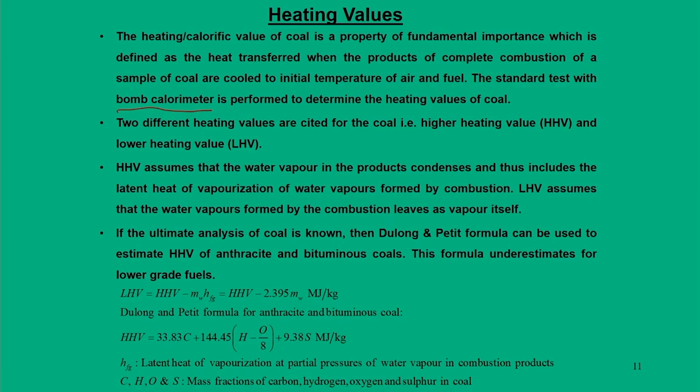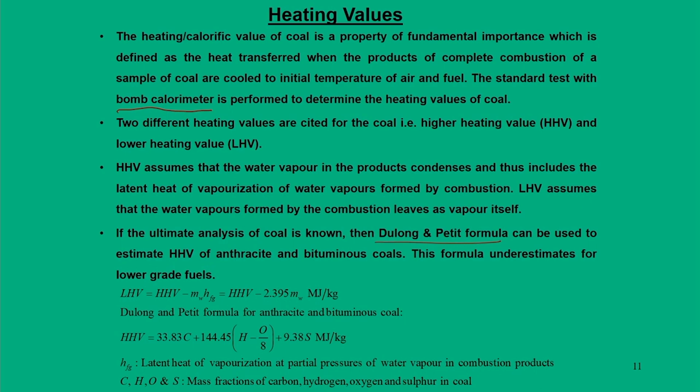There has been a lot of research and analysis. People have tried to find experimental evidence using the bomb calorimeter, and side by side there are analytical analyses for coal, for varieties of coals, which were done earlier. One most important formula is called the Dulong-Petit formula. In previous lectures I also explained a similar formula, Dulong's formula, where the heating value was expressed in BTU per lbm.